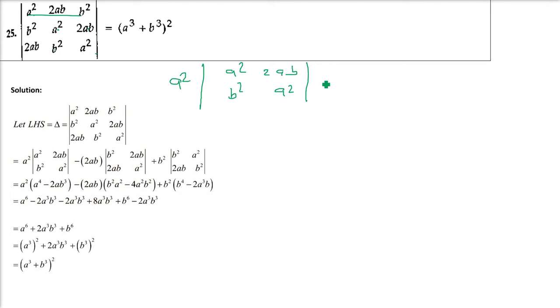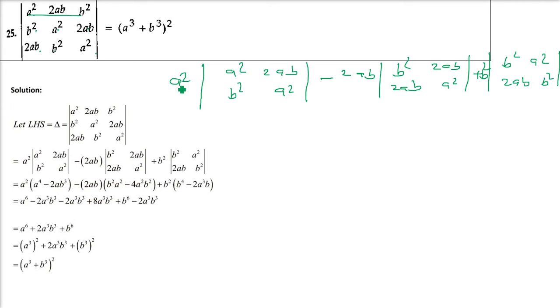Then you have A minus 2AB. What do you get? B square, AB, B square, 2AB, and 2AB, A square. Then you have plus third one, B square. So you have B square, A square, B square plus A square, B square, A square, and 2AB, B square.